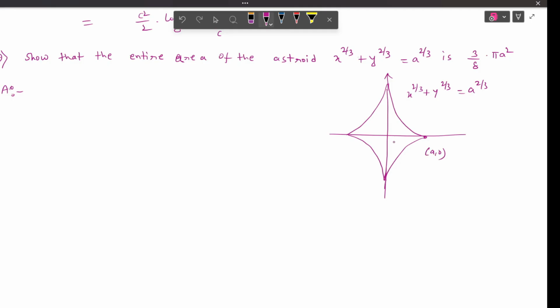We need the entire area and it's a symmetrical curve, so at last we will multiply by 4. Let us first find this area and we will multiply by 4, so we will get the total area. And this asteroid is symmetric about x-axis and y-axis. So let us first find this area.